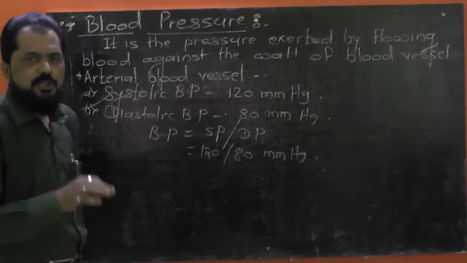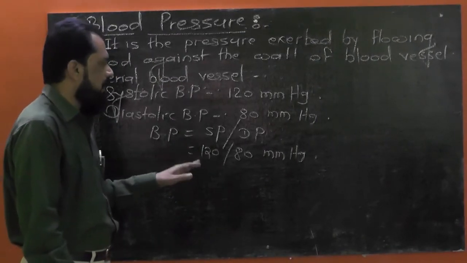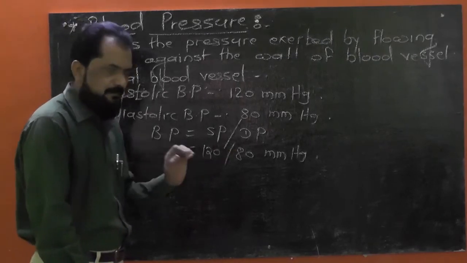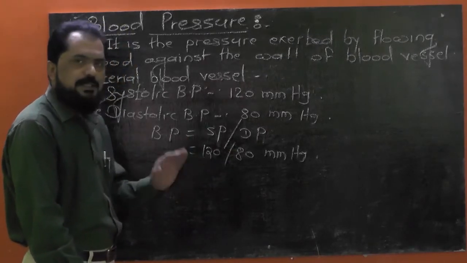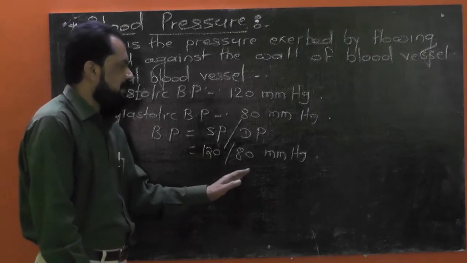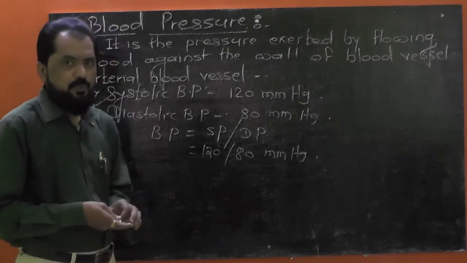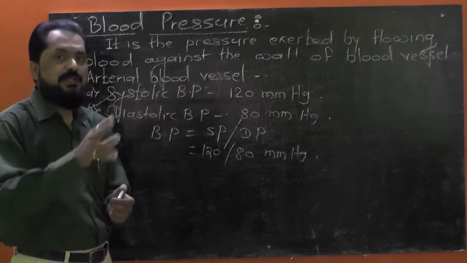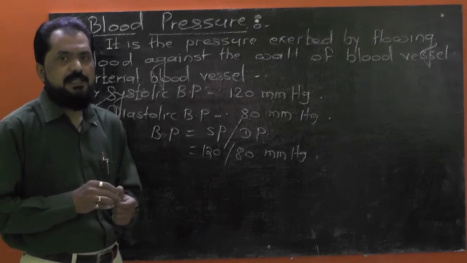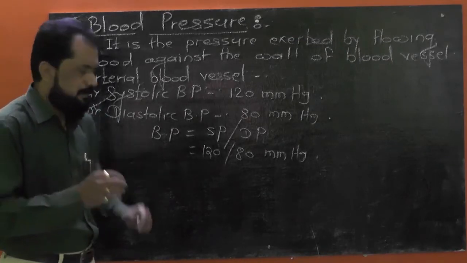It means in normal adult human being the blood pressure is 120/80. 120 represents systolic blood pressure and 80 represents diastolic blood pressure. You must know that the difference between systolic and diastolic pressure is also known as pulse pressure.